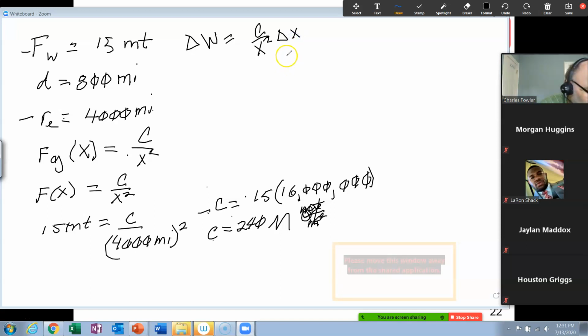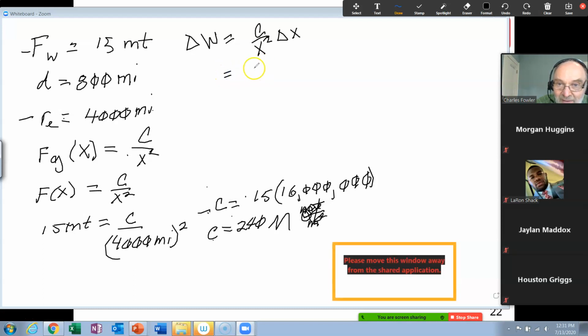That's basically what they're doing. So putting the numbers in there, this will be 240 million, and for right now I'm just going to put capital M for million, over x squared times dx, or delta x, I guess I should still say.